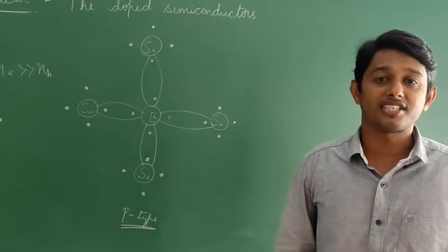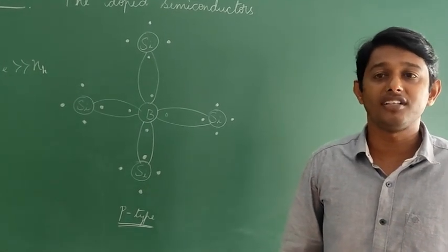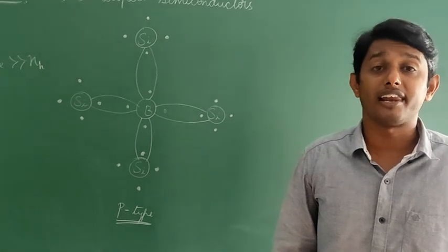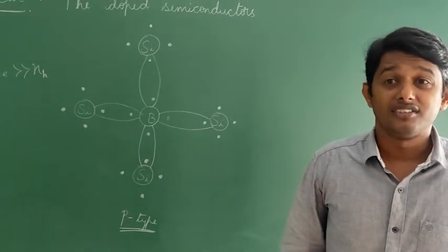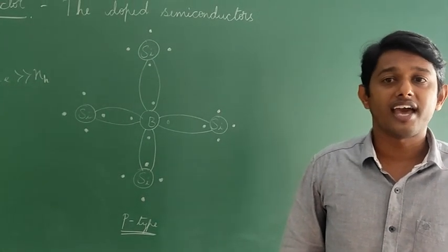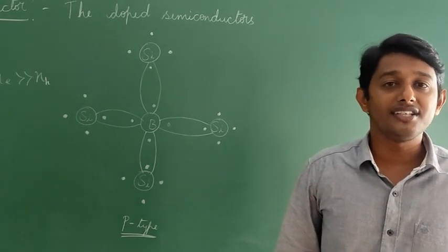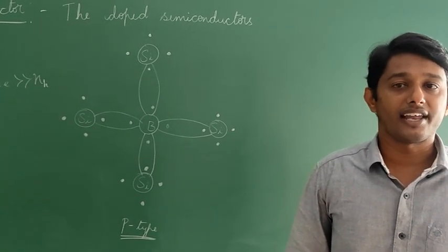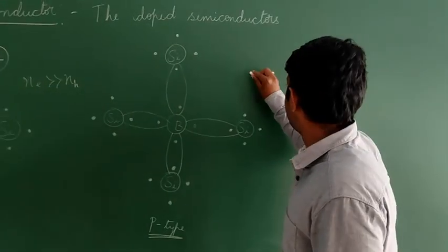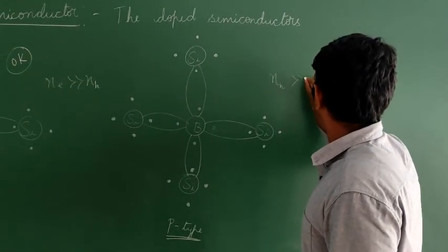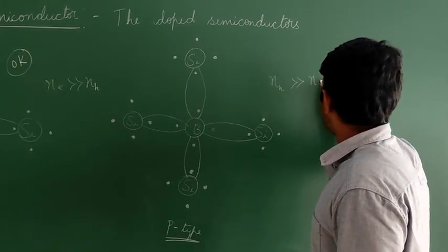Therefore, majority charge carriers are holes and minority charge carriers are free electrons. So the number of holes is always greater than the number of electrons here.